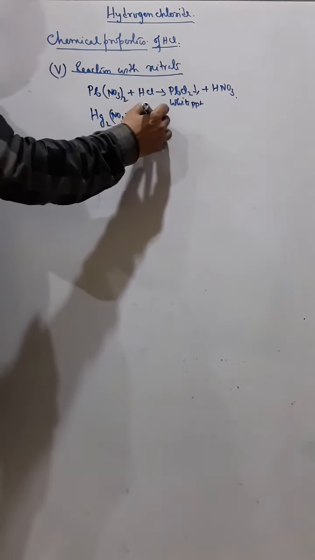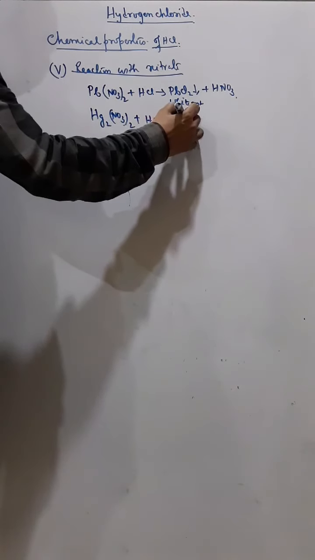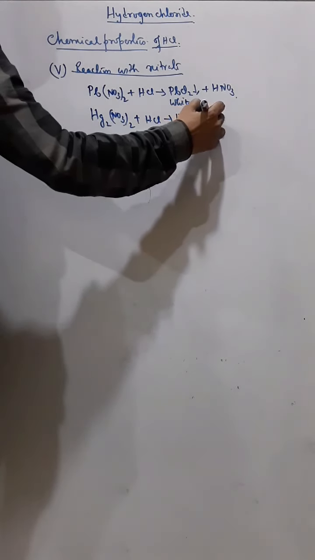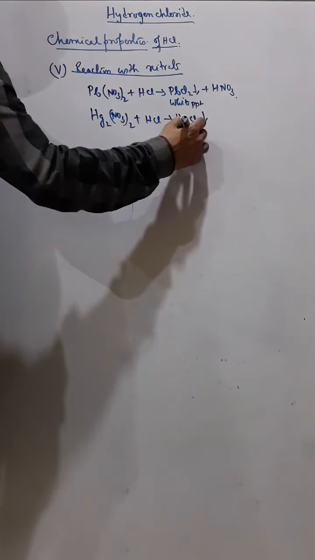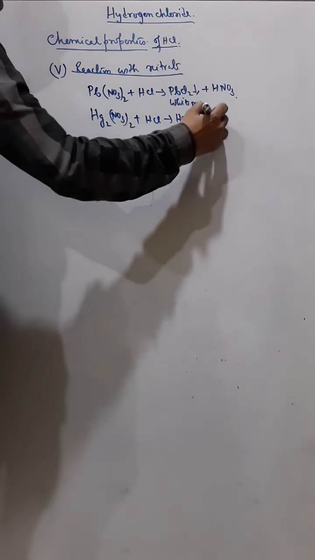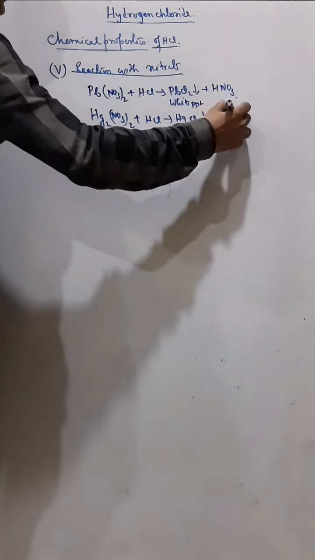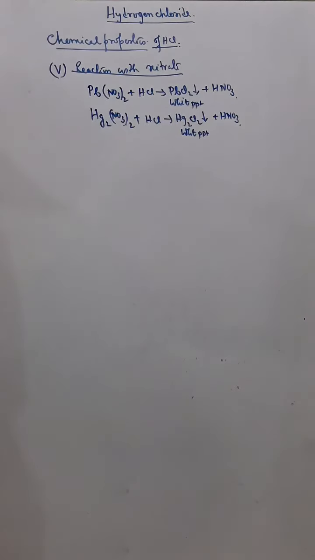Similarly, Hg2(NO3)2 plus HCl gives mercury 1 chloride, again this is also white PPT, and HNO3. Similarly with silver nitrate also.